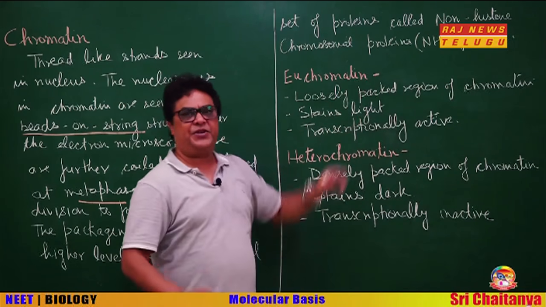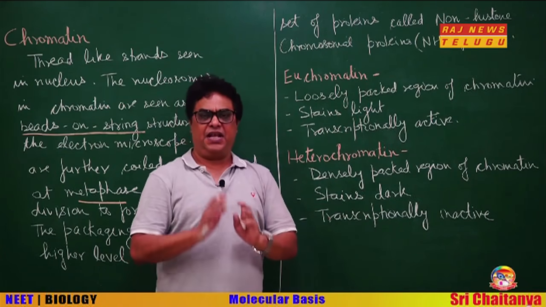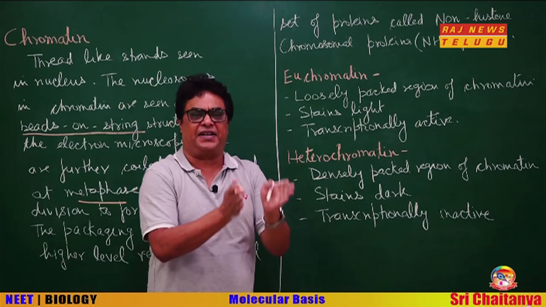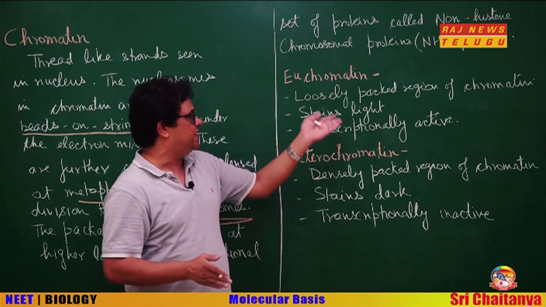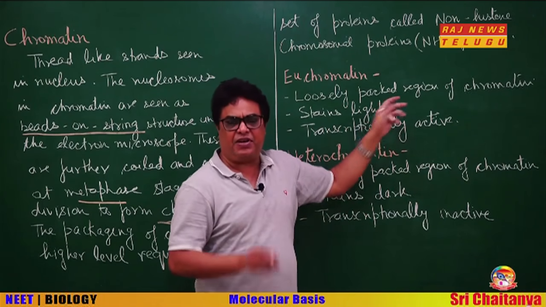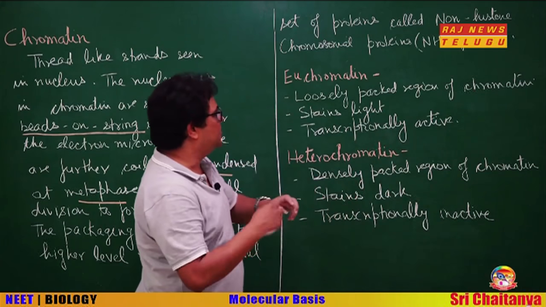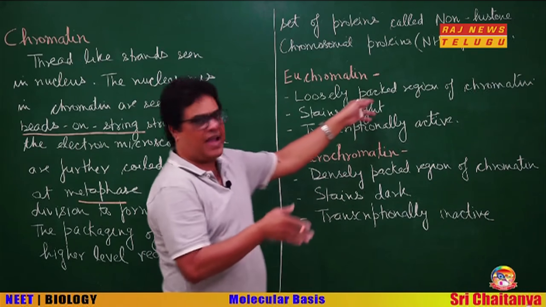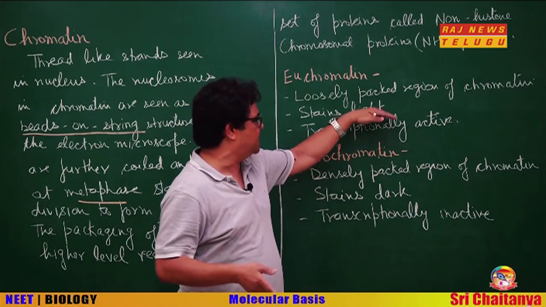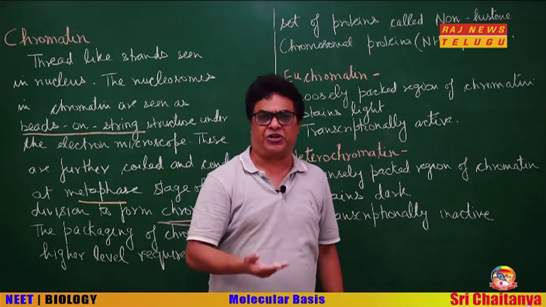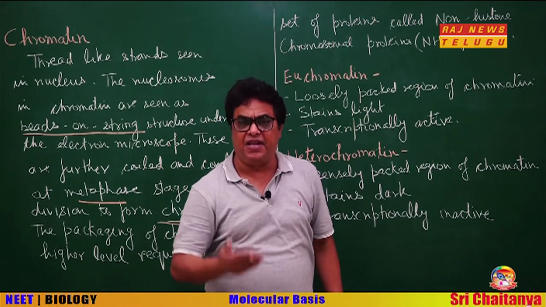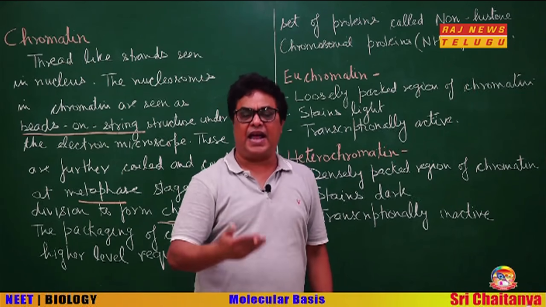Now, when you stain the chromatin, you will see at certain places dark staining and at other places light staining. Why this light staining? Because in this region the chromatin shows loose packaging, and this portion is transcriptionally active, meaning it consists of the active genes.